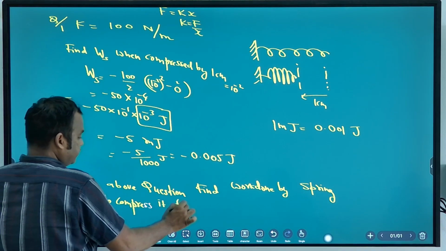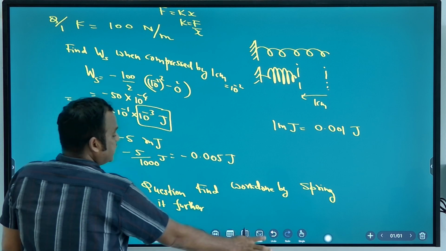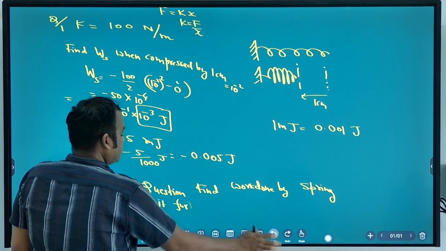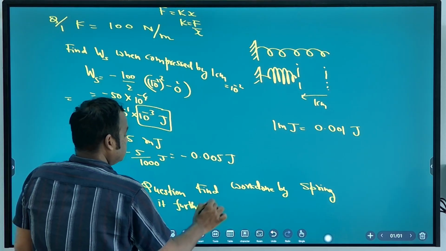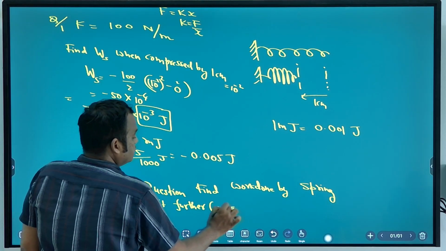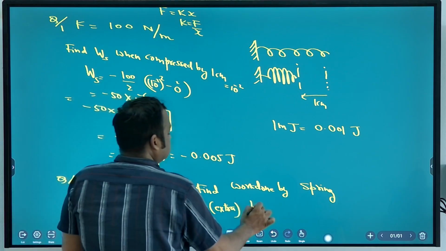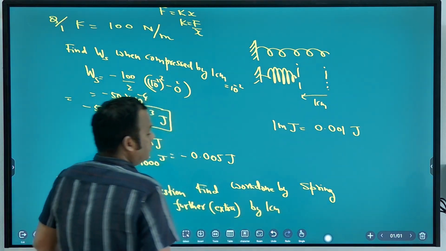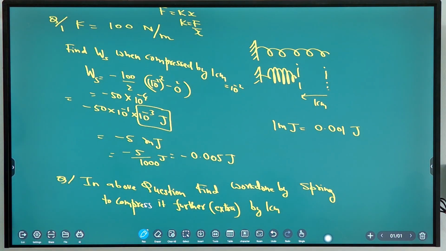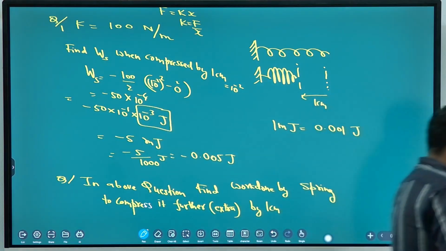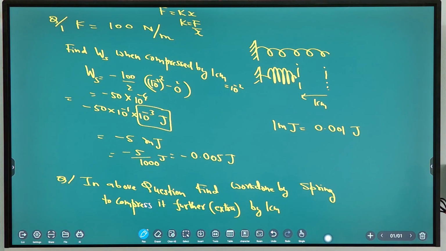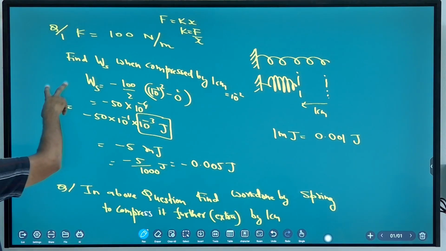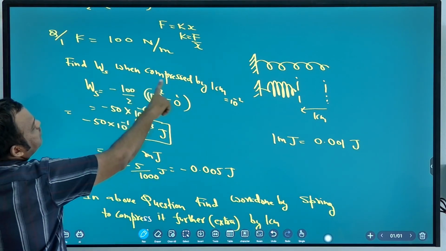Further means extra, extra by 1 centimeter. Okay, solve. So what is the initial compression? 1. Initial compression 1. Okay, 1 centimeter you have already compressed.